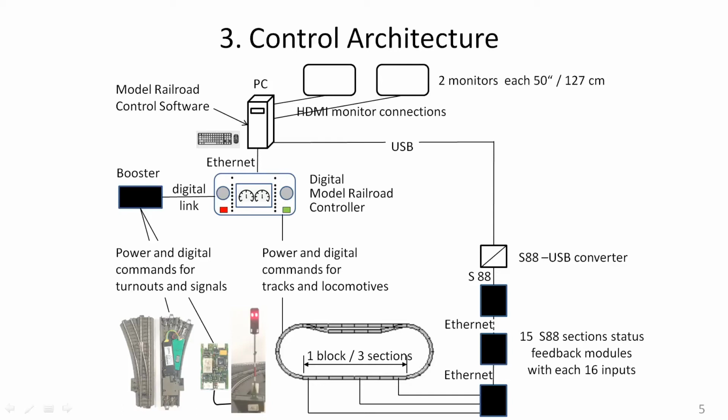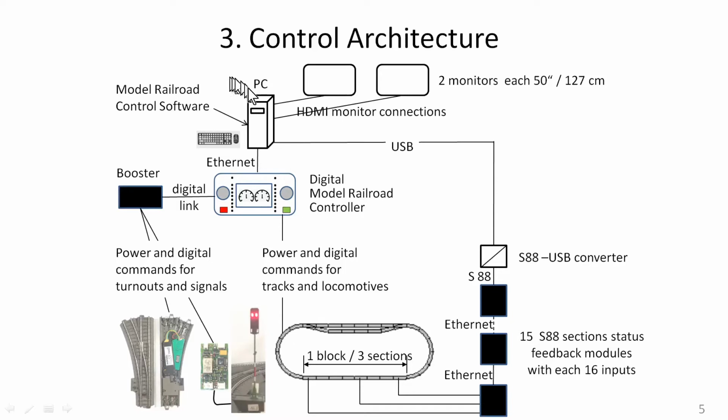Let me now explain to you my model railroad control architecture. It all starts out with a PC, and the model railroad control software is installed on the PC. I'm monitoring the operation of my model railroad on two large monitors, each 15-inch.